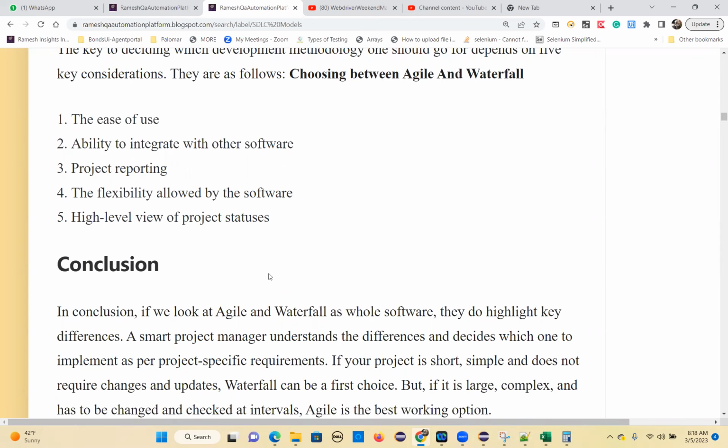Functionality means, okay, whether this link is working or not, whether this functionality is working or not, whether you are able to log in or not, you are able to log out, you are able to send a mail. These are all functionality. You are able to create an account or not, you are able to reset the password or not.